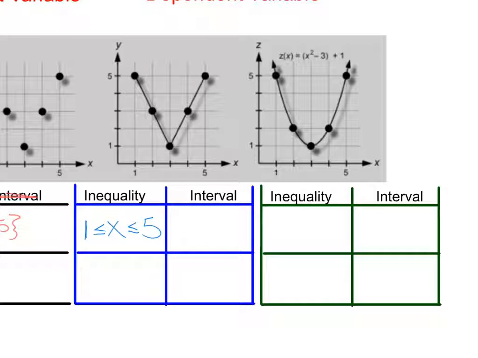Actually, it's the other way around. But yeah, you guys are remembering well. Since it can equal 1, we use a square bracket here, and it goes from 1 to 5. And we put a square bracket there because it's allowed to equal 5 as well.